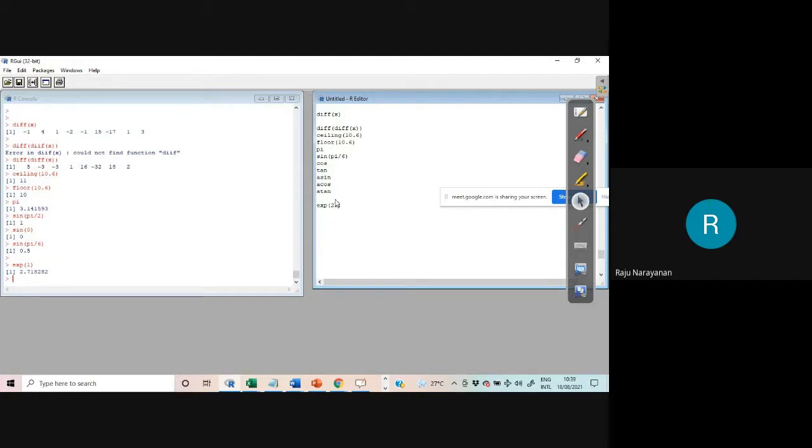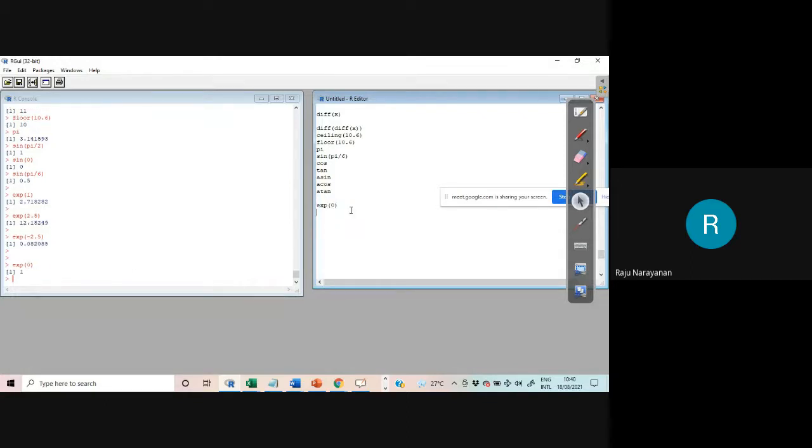It can be 2.5 also, negative or positive, no problem. It can be 0 also. E raised to 0, you should get 1.